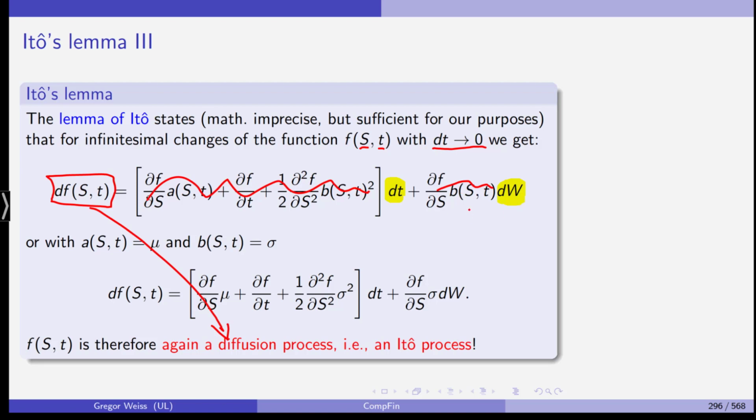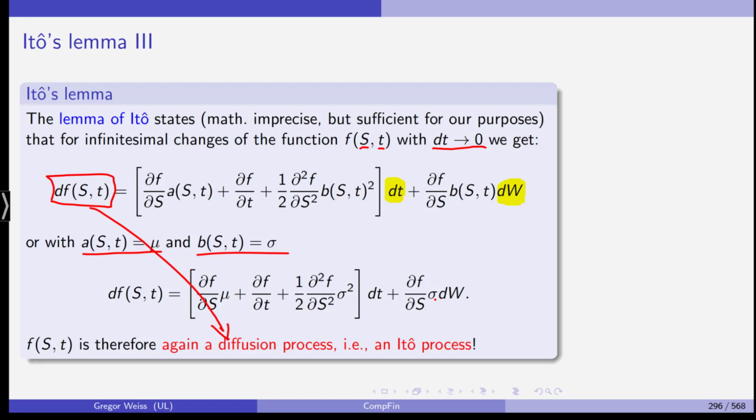So a is mu, b is set to sigma, and we see that now this is actually again a diffusion process. This is why it's also called an Ito process. Striking result: if you assume a diffusion process for S, any function in S, the change in this function is again a diffusion process.